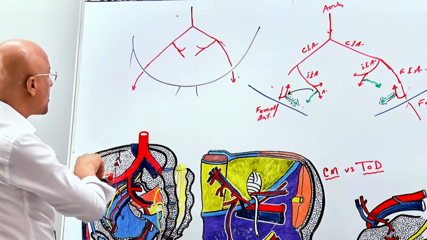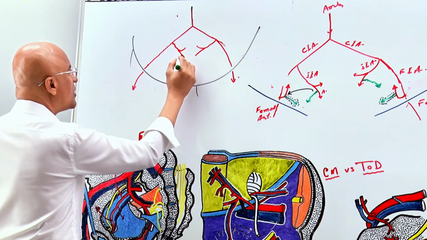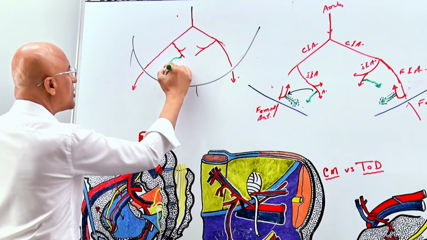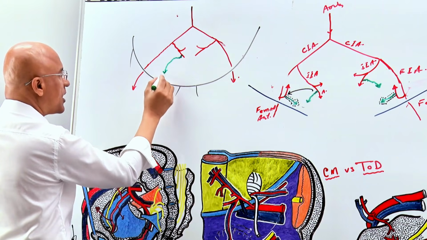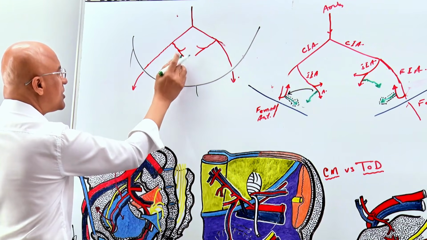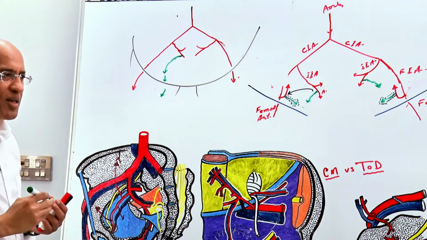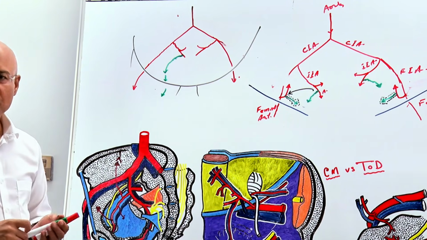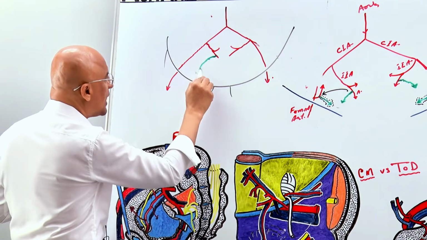From here, the classical branch was coming. Classical origin, what was it? Anterior branch of the internal iliac, which will eventually come into the thigh through the tunnel, right? Now, this is the normal, classical or regular origin, or most common variant. Now, this has branches.